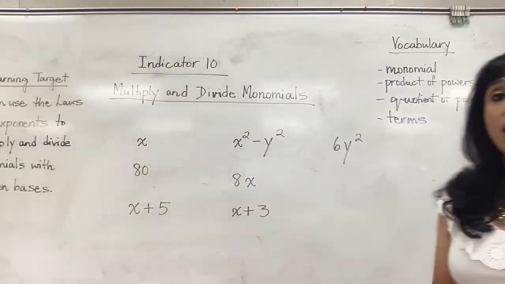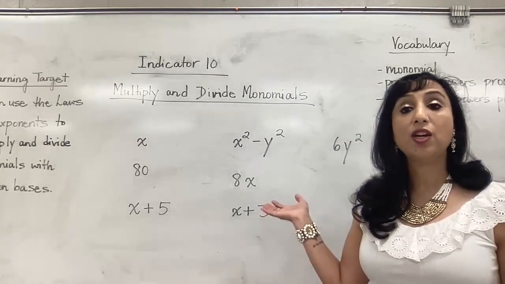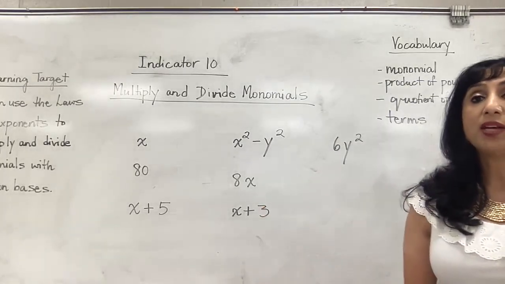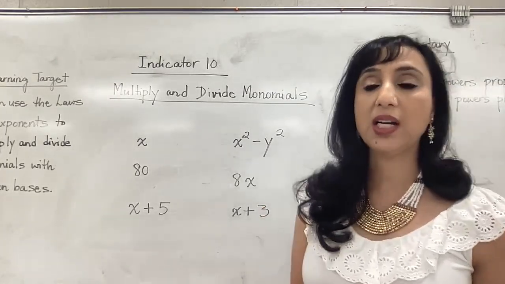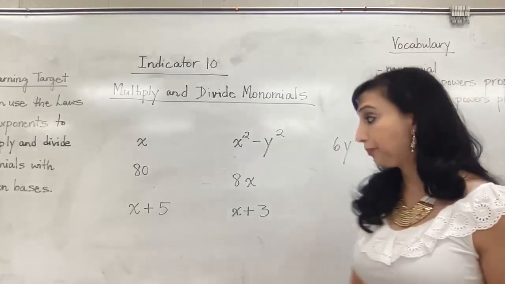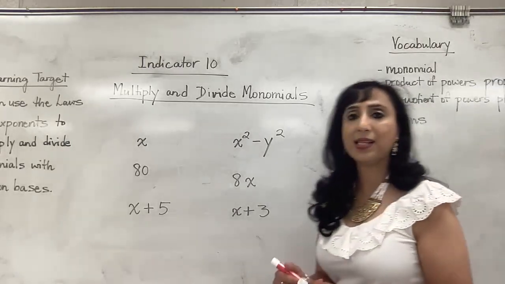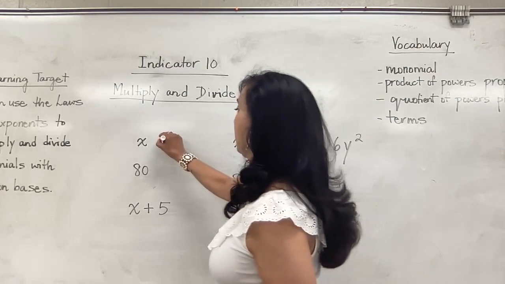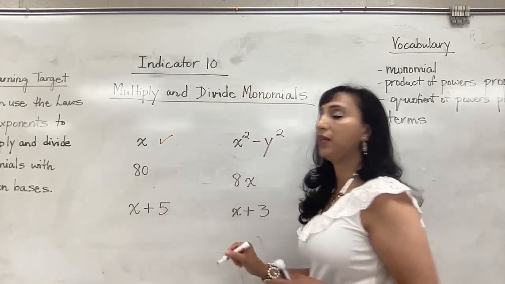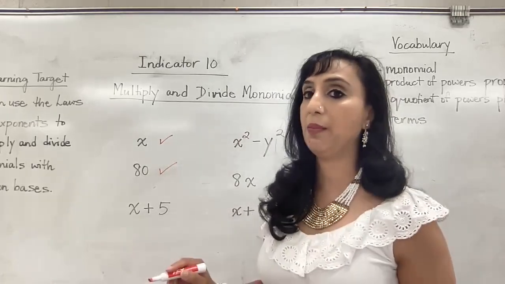Okay, so look at these terms that I have written up here. Some of them are monomials and some are not monomials. So I'm going to put a check mark against the ones that are monomials. Let's look at this one. Is x a monomial? Yes. Is ad a monomial? Yes. Is x plus 5 a monomial?